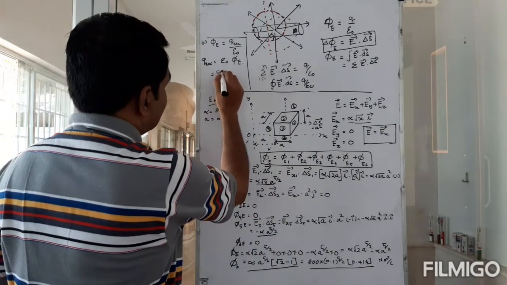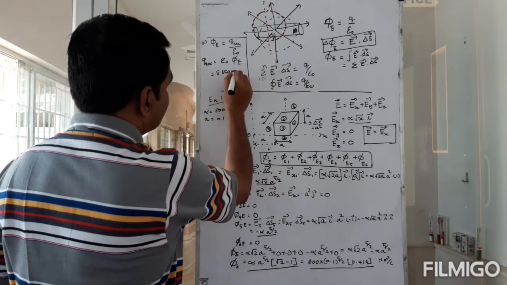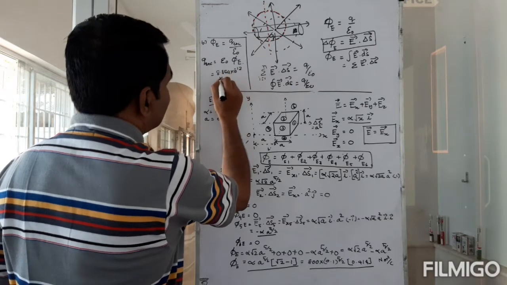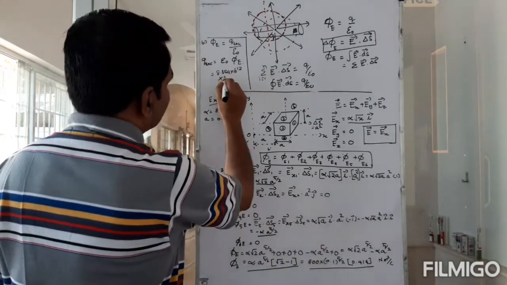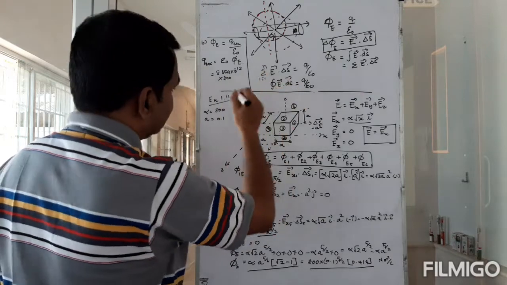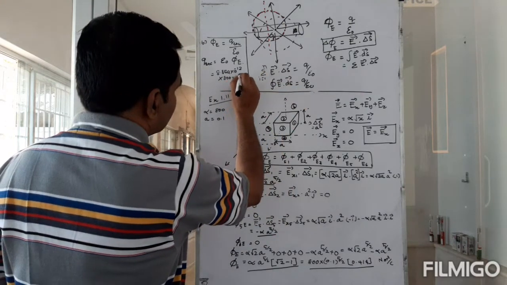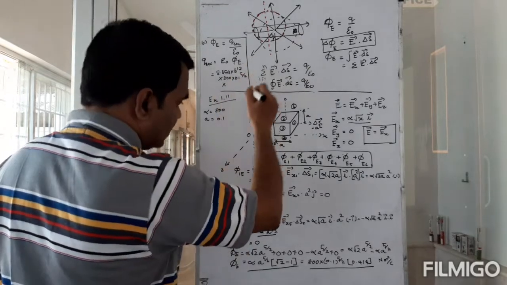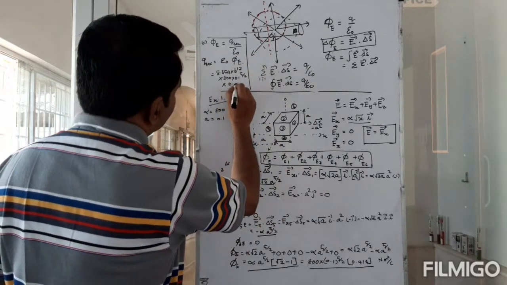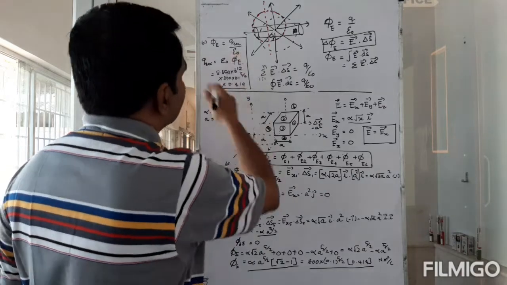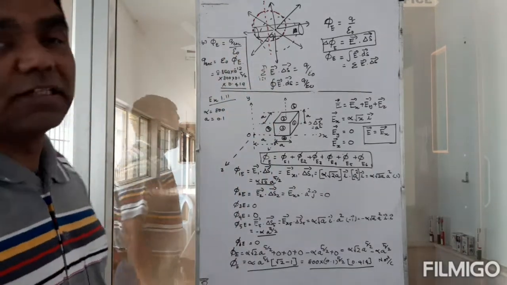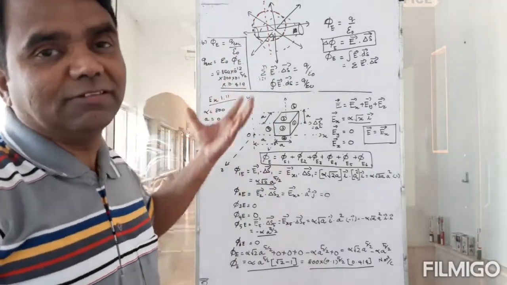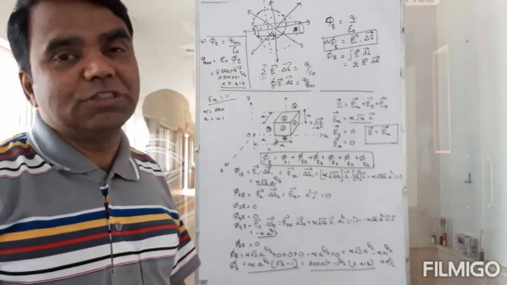Epsilon naught is 8.854 into 10 to the power minus 12, and phi e is again 800 into 0.1 to the power 5 by 2, and then into 0.414. So you multiply this all, then I'm going to get a certain amount of coulomb there. So this is how you do this problem.